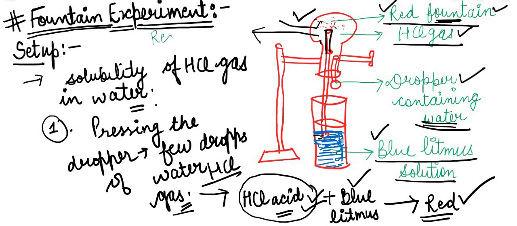We are just reducing the flask pressure, and as the pressure is reduced, the blue litmus solution comes up to the upward portion.